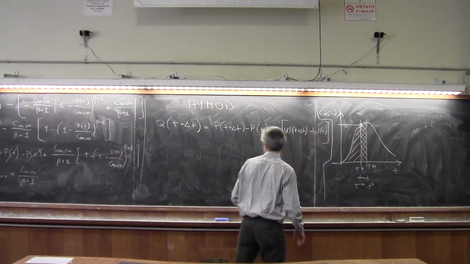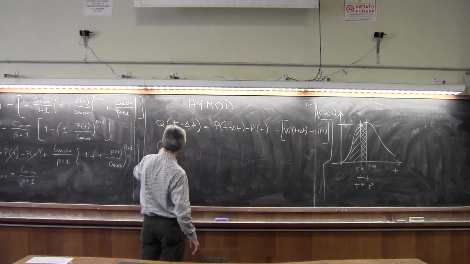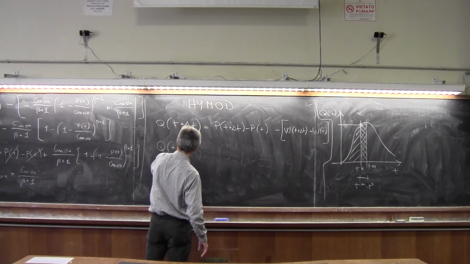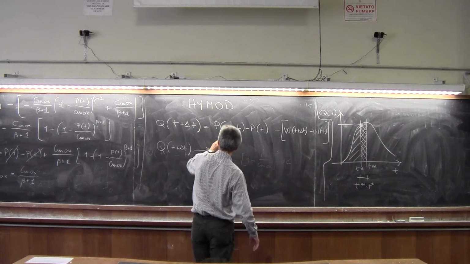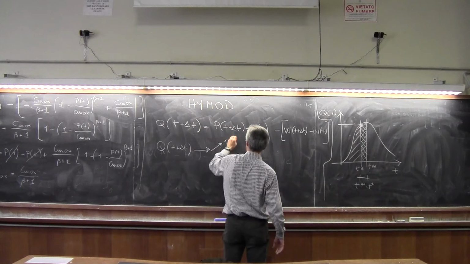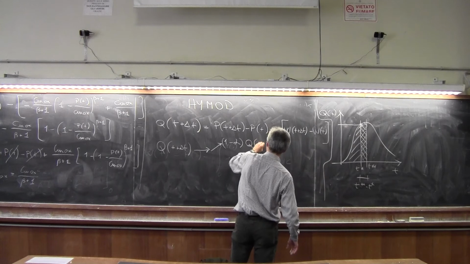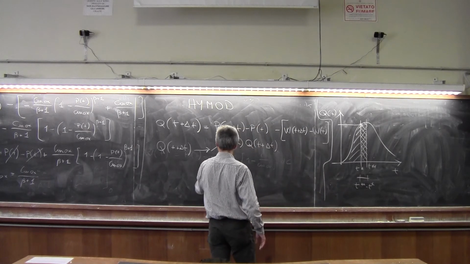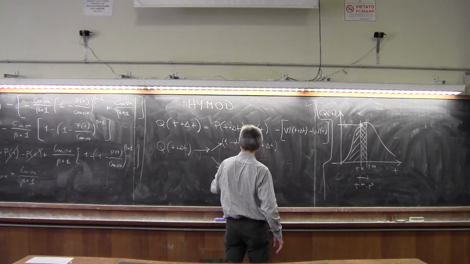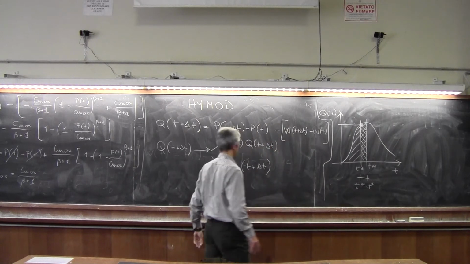So you have Q at time t plus delta t, which is split in one component, which is 1 minus alpha Q at time t plus delta t, and another one which is alpha Q at time t plus delta t. And these are two components.